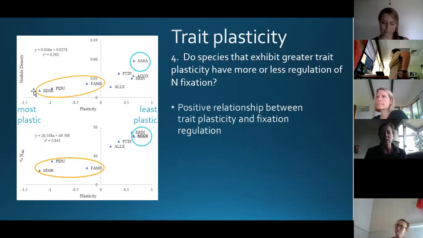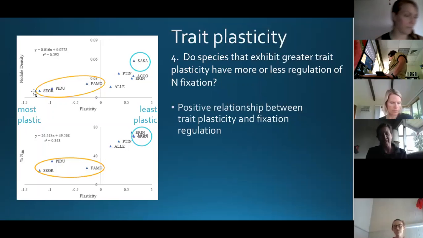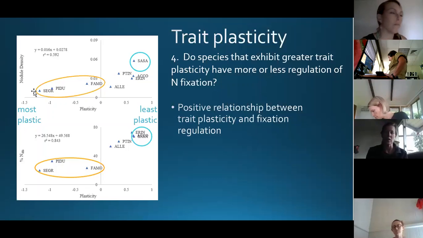So I always thought nitrogen fixation could be really important there. But I wanted to ask Ange a question about any sort of phylogenetic analyses that you thought about doing, or any sort of link with that. Fabaceae is a pretty big family. So I wonder, if you tried to map phylogeny onto some of these patterns, do you think that maybe shared evolutionary history can explain some of these differences you're seeing across species?